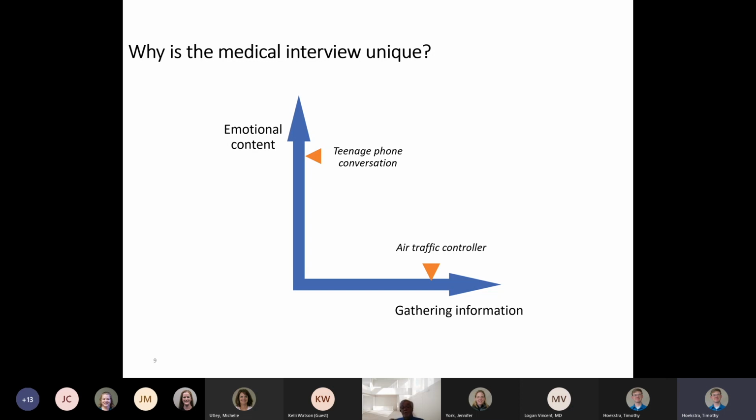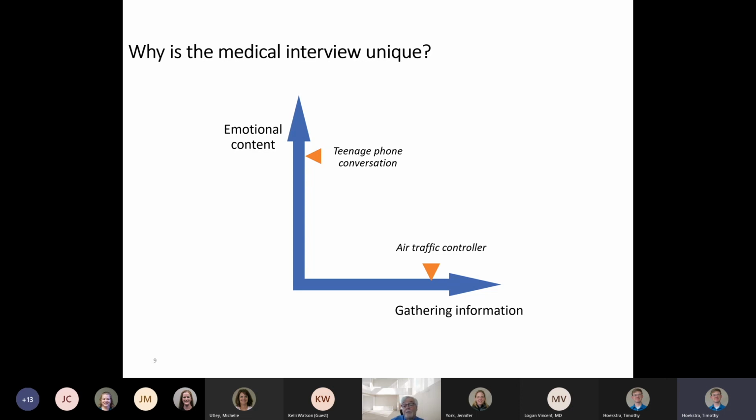In 5 minutes, you get to walk into the room. You need to be getting an idea of what's going on. And I think of air traffic controllers as the ultimate people that convey information and don't use any emotion. So on one hand, there's my daughter, high emotion, no information. Air traffic control, the opposite.